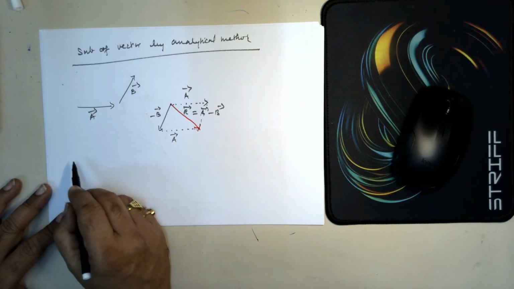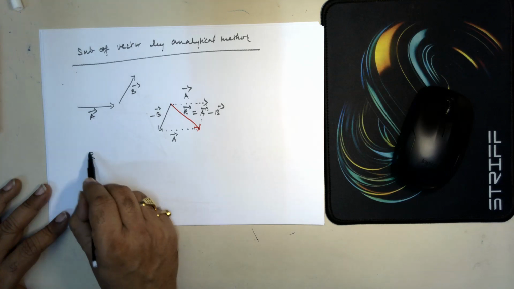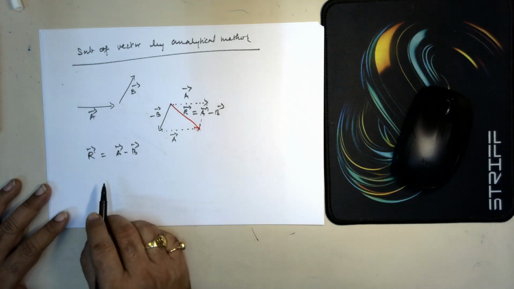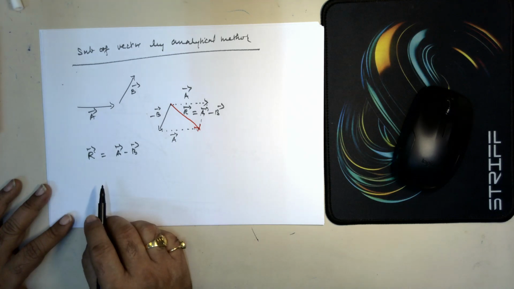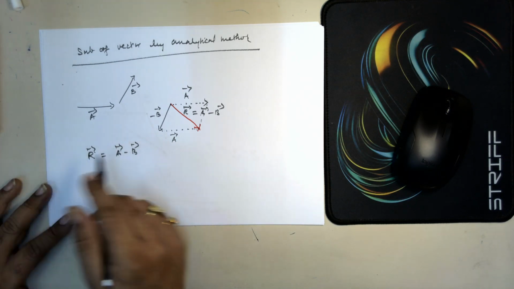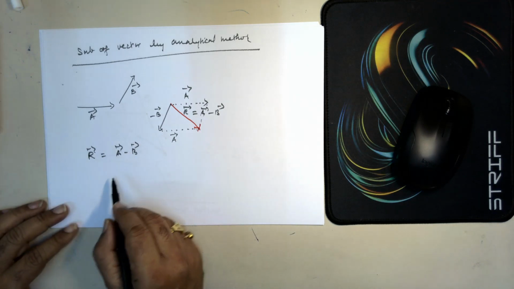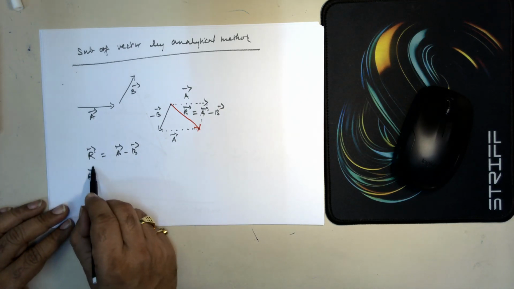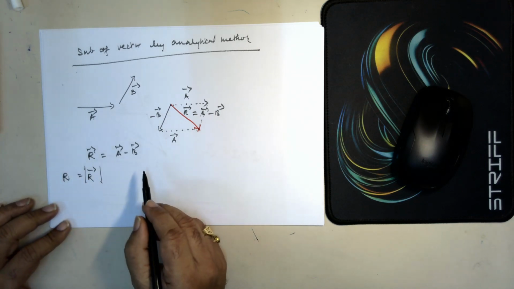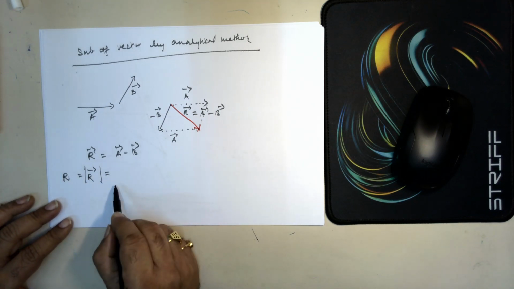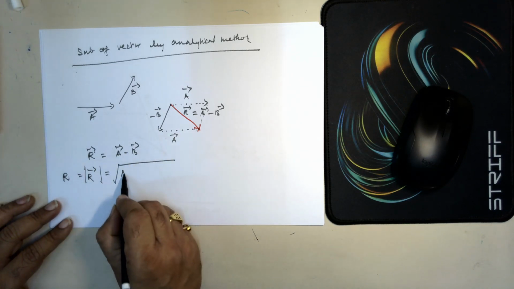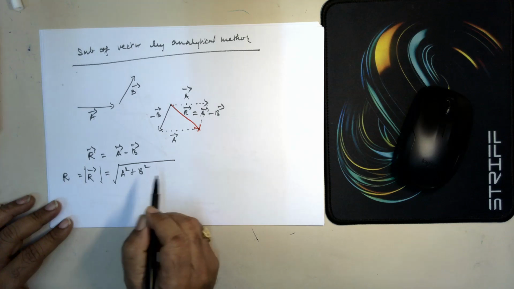Now the resultant vector R is equal to vector A minus vector B. Let us consider the angle here. But also we will try to find out the magnitude. So what is the magnitude? R vector modulus. That magnitude, R, is nothing but the whole square root of, and you have got the two vectors, A squared plus B squared, right?